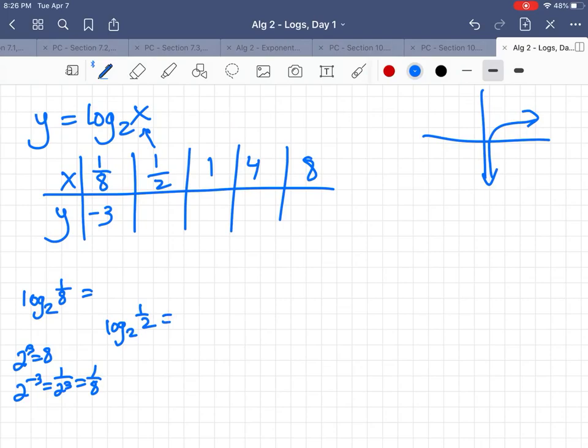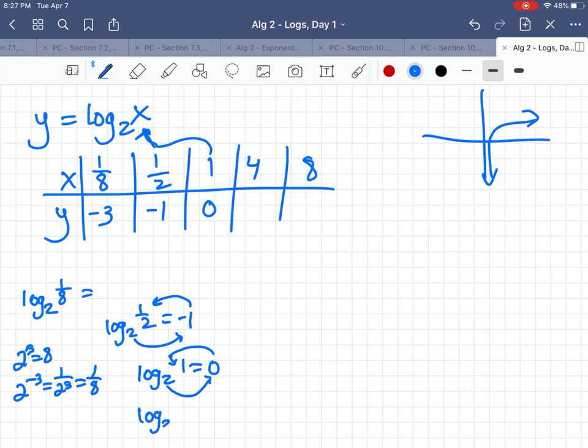Well, let me see. 2 to the first is 2, so it must be negative 1, because 2 to the negative 1 equals 1/2. All right, so negative 1. All right, the next one is 1, so I'm going to imagine there's a 1 going right here. So log base 2 of 1. So 2 to what power equals 1? 2 to the 0 equals 1. So this must be 0.